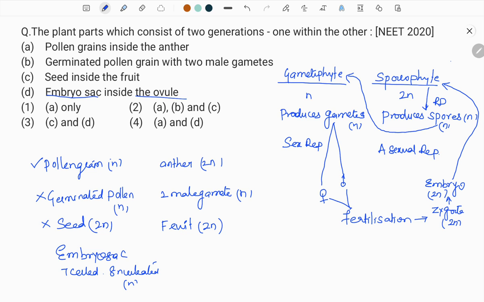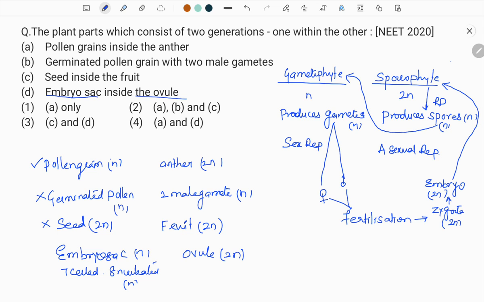Other than the central cell, if you take antipodals, synergids, egg cell, every cell of the embryo sac is haploid. So embryo sac is haploid. Then the ovule outside it is again diploid because I told you ovule is nothing but part of the ovary, and ovary is diploid, ovary is part of carpel, carpel is diploid, flower is diploid, all that are diploid only.